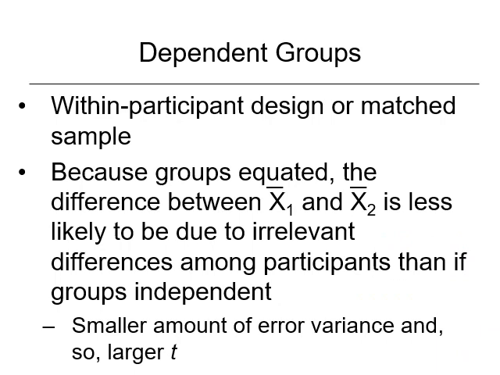So dependent groups. This is to be used within a within participant design or a matched sample. So they're dependent. In other words, we're getting rid of one of those assumptions. The assumption here is not of independent observations because they're very dependent observations. They're the same people. Generally speaking, you are safe to use this design when you have the exact same people being exposed to different levels of an IV.